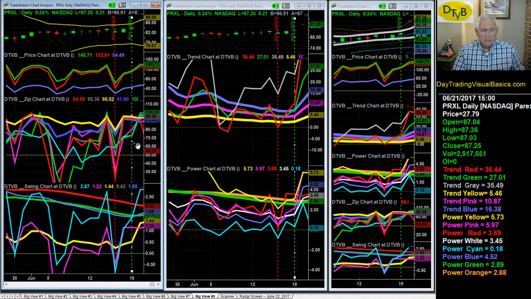Just like zip pink and swing Zion and the three price lines are price barometers. They move line by line or day by day with the price, or whatever candle chart you're on. They follow the price. They're price barometers.